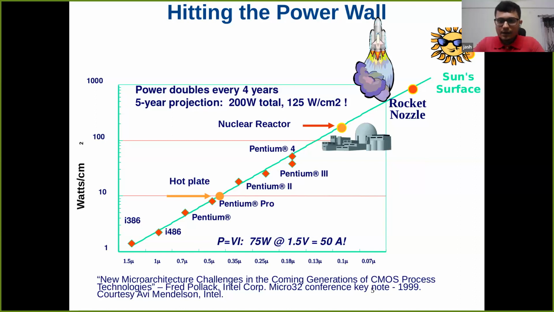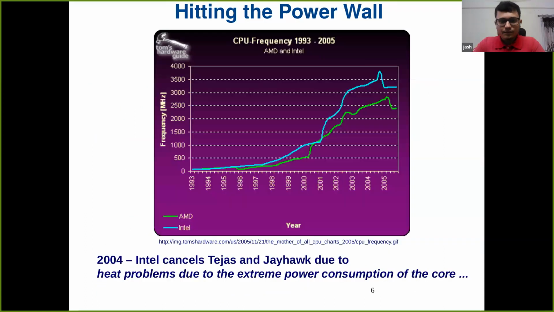So I'm assuming that it is clear up till this point what the power problem is. Let us move ahead unless we have any questions. As I said, the clock frequency after early 2000 started tapering or hit a plateau, if you can see here. These are the clock frequencies of Intel and AMD CPUs.